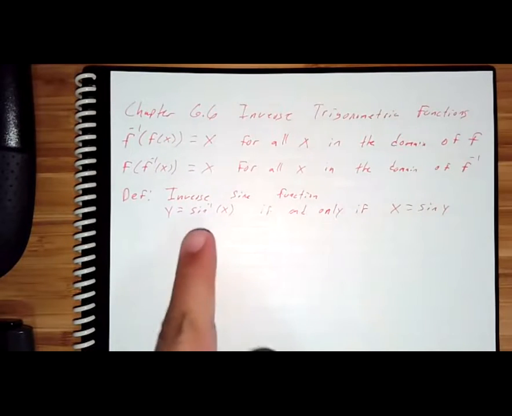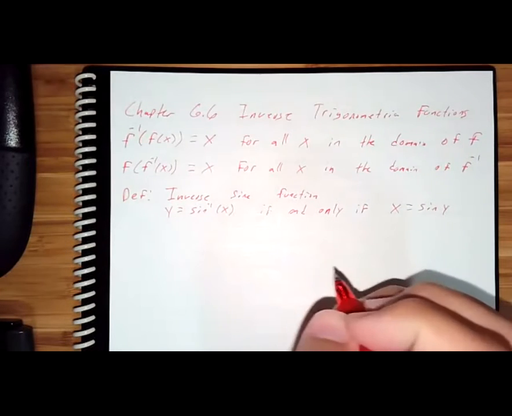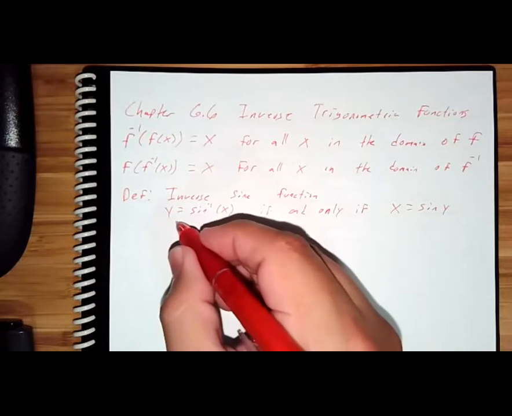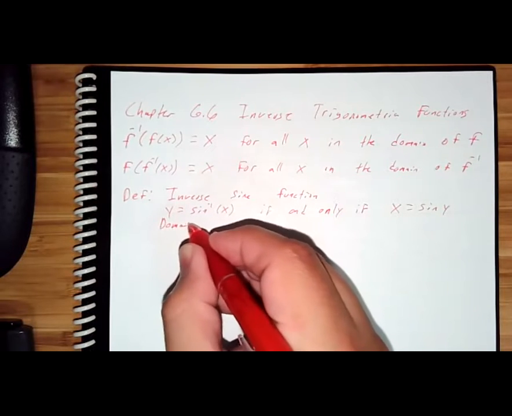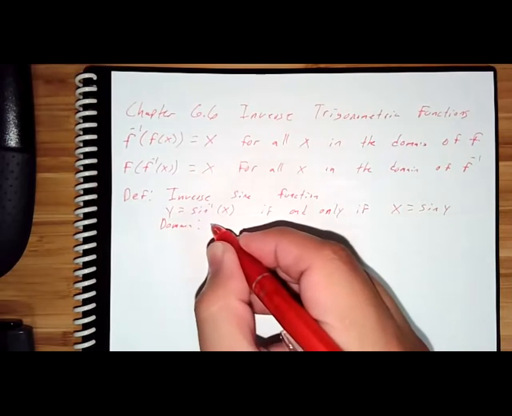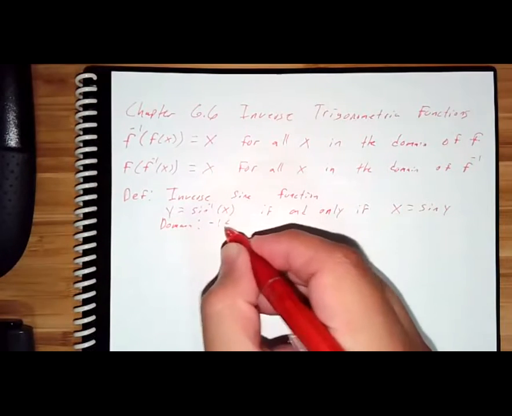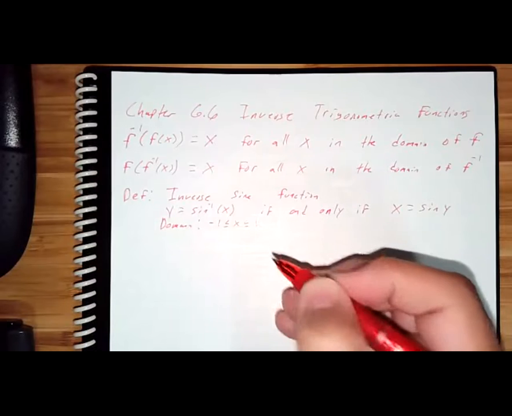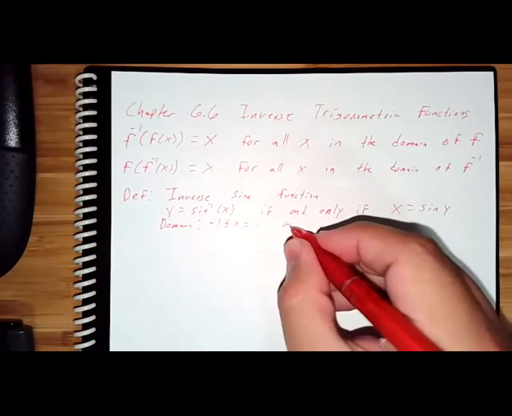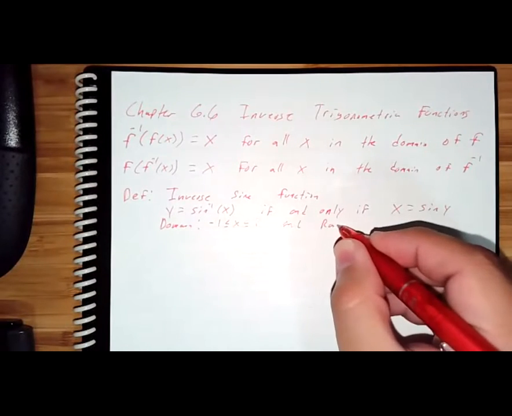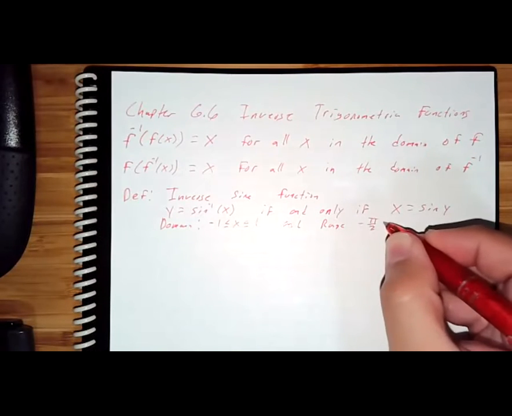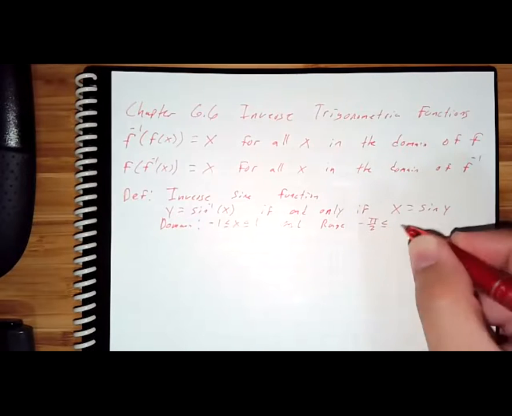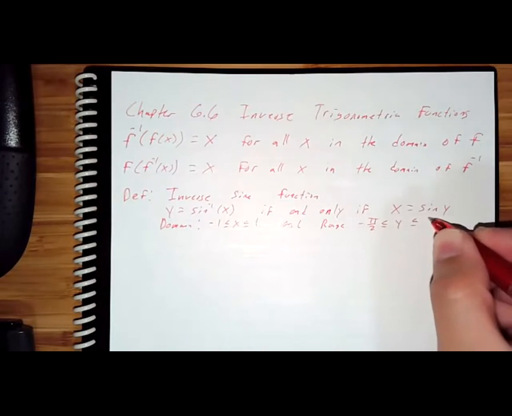So basically you can convert it back and forth. Where your domain would be -1 to 1 on the x's for the inverse, and a range of -pi/2 to pi/2.